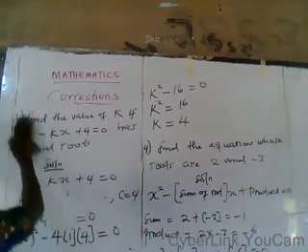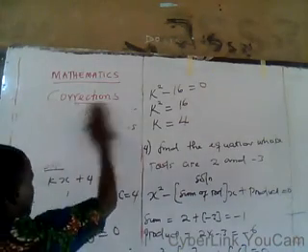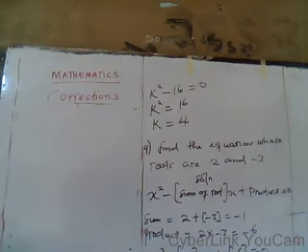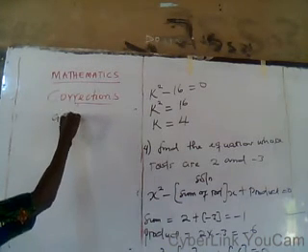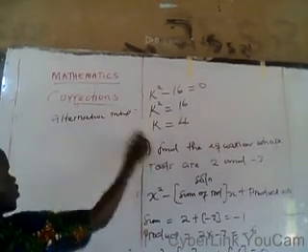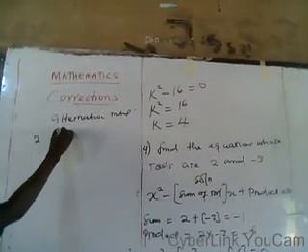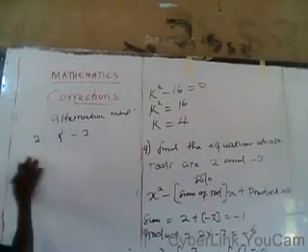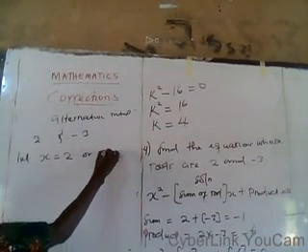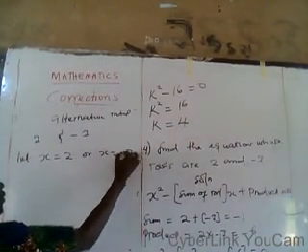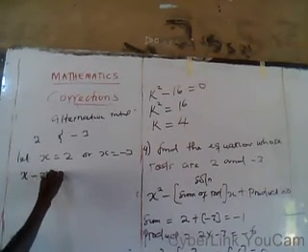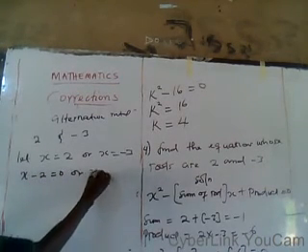Or you have another method of solving it if you don't want to use that. Since the roots are 2 and minus 3, you can say let x equal 2 or x equal minus 3. Then x minus 2 equals 0 or x plus 3 equals 0.